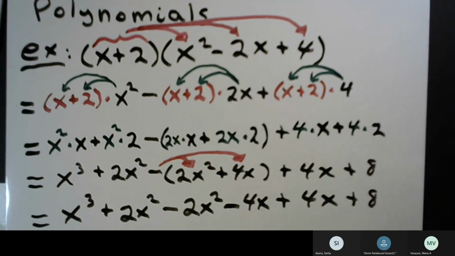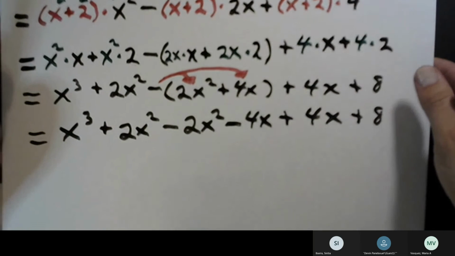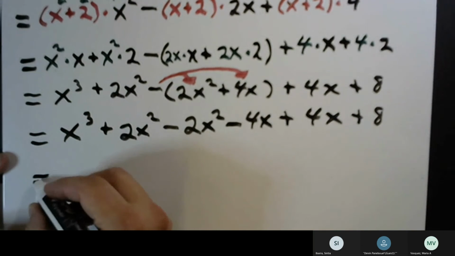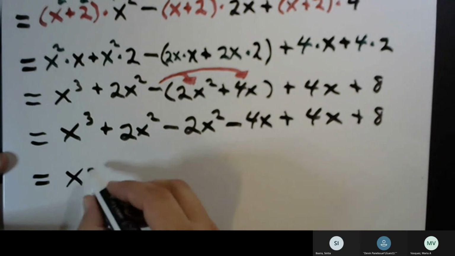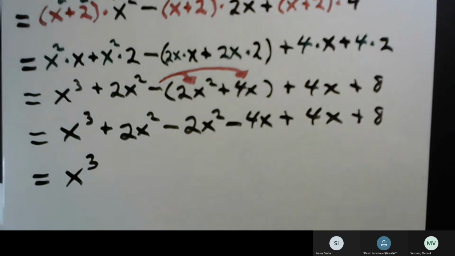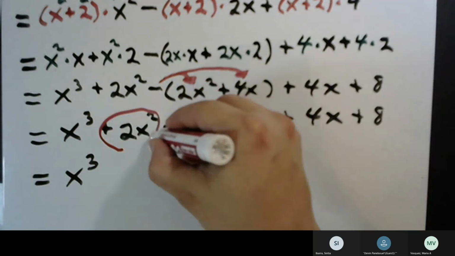So now we're going to try to combine like terms. Taking a look at this, we have a lone x cubed, so that's not going anywhere. But then let's take a look at the x squared: plus 2x squared, minus 2x squared.